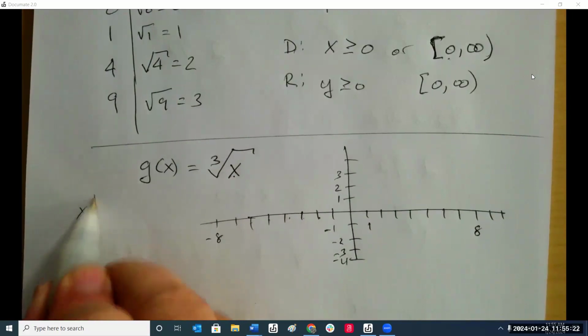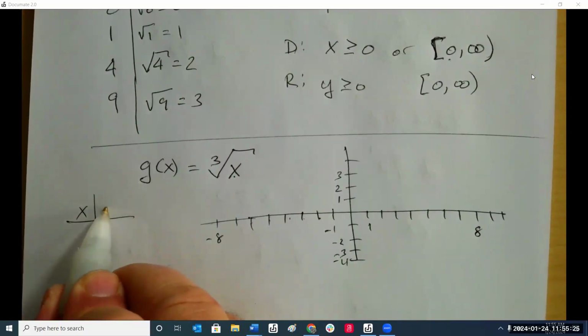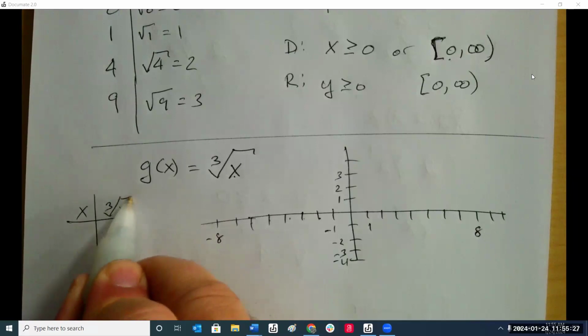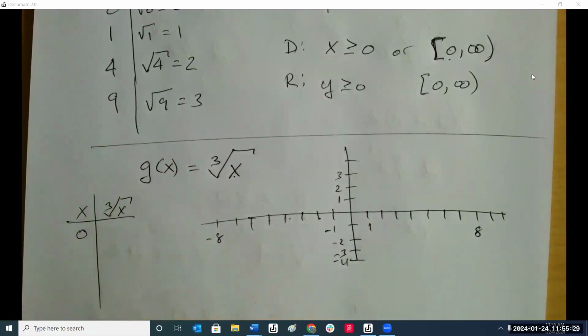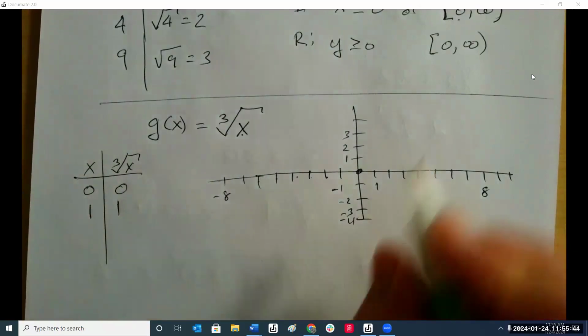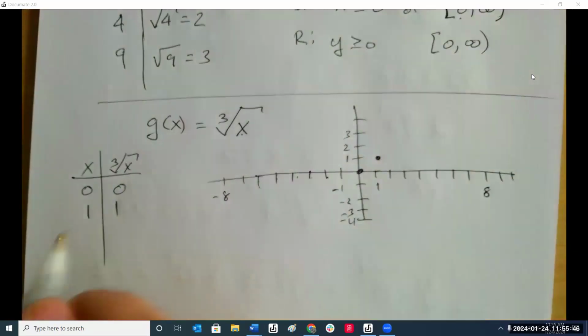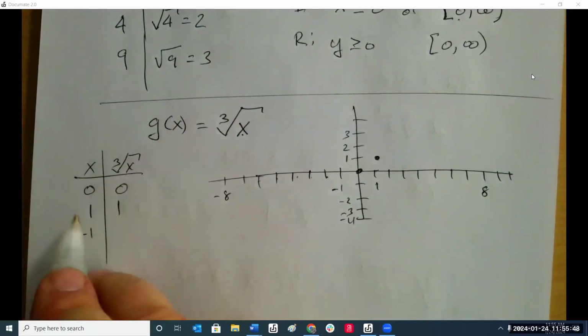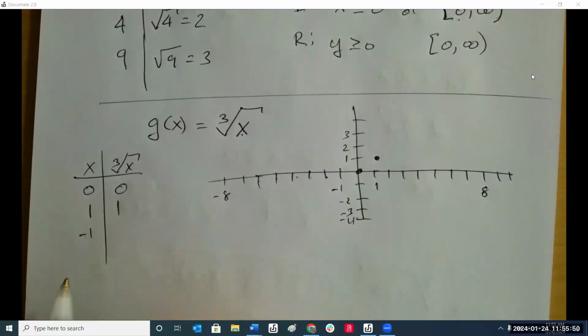In our function, when x is 0, what's y? 0. When x is 1, 1. When x is negative 1, now our domain says we can use positives and negatives. When x is negative 1, negative 1.